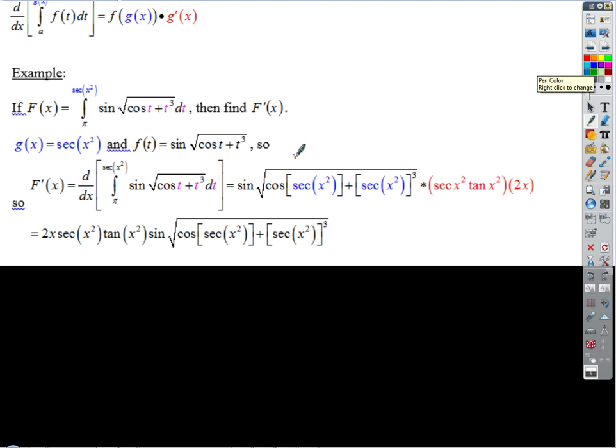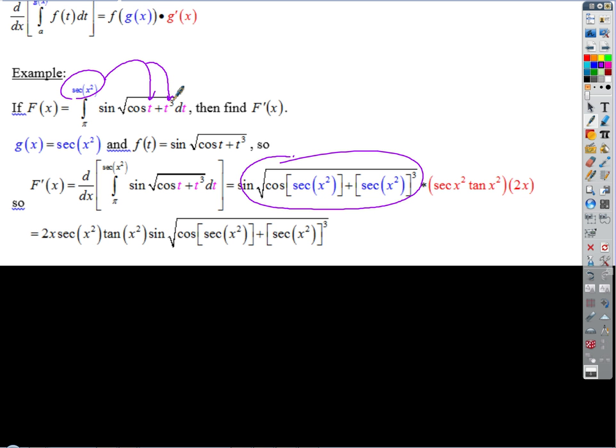So our answer is, see, here's the first part: what we get when we substitute the upper limit, which is a function of x, for t. That's all we got. Just plugging it in, times the derivative of secant of x squared. Well, what's the derivative of secant of x squared?